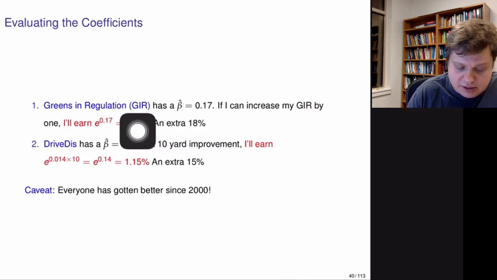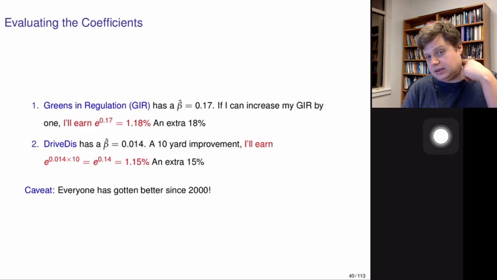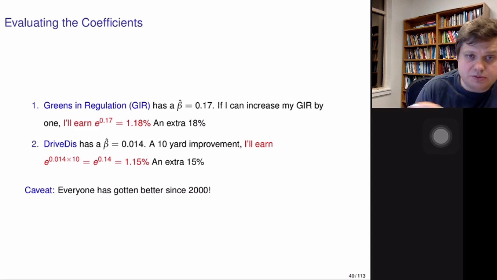So our beta hat is associated with 0.17, and you remember that in the final model we had money on the log scale. So to put everything back to the linear scale, we have to take the exponent on both sides. Once we take the exponent, beta becomes e raised to the beta. So e to the power 0.17 becomes 1.18, an extra 18%.